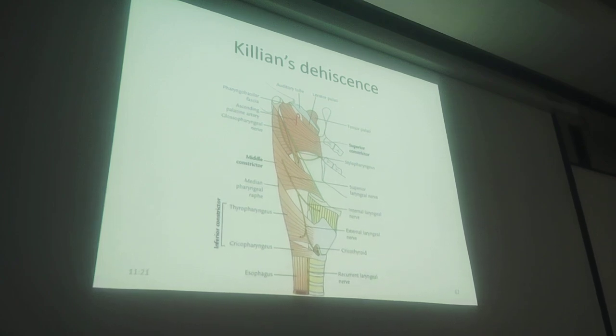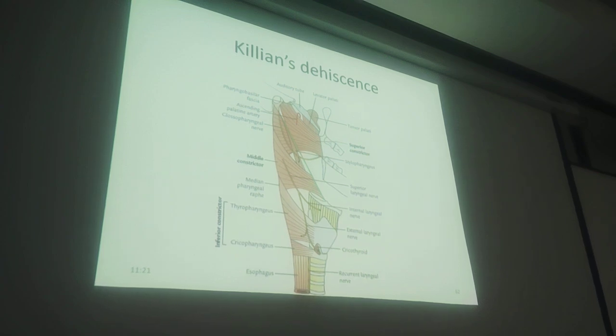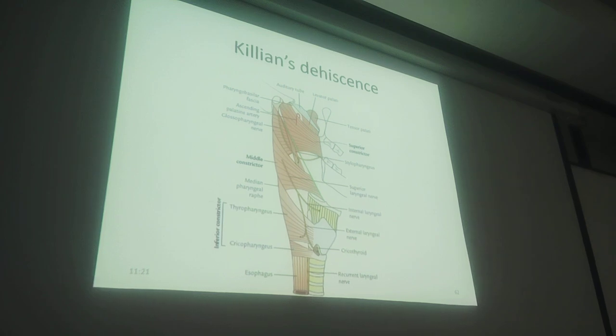The cricopharyngeal sphincter fails to relax because of the different nerve supply; such mismatches are possible in some individuals. If it fails to relax, the middle part of the thyropharyngeus, which is not overlapped by any other muscle, bulges out. So that bulging out is called Killian's dehiscence. And that bulged out portion is called a diverticulum.